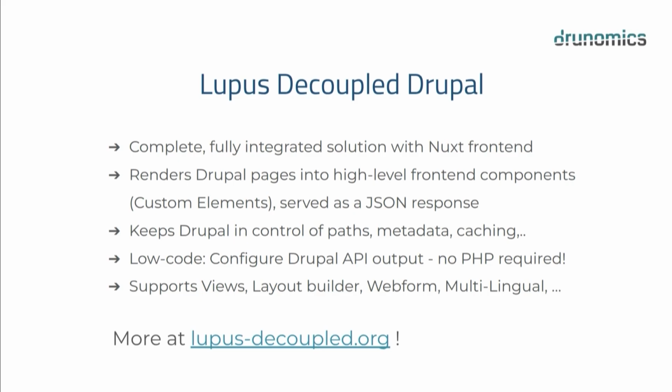So that way, Drupal keeps in control of many things like paths, path aliases, routing, metadata, or the caching logic, that all just stays there. And also we introduced recently a new thing, custom elements UI, which actually makes it possible to use it as a low-code solution.